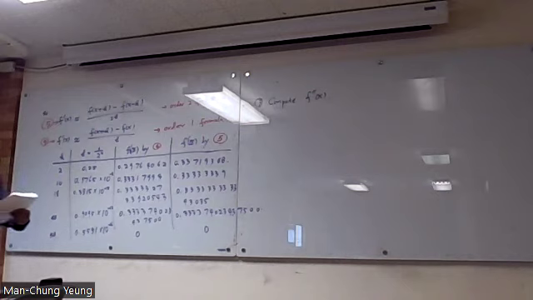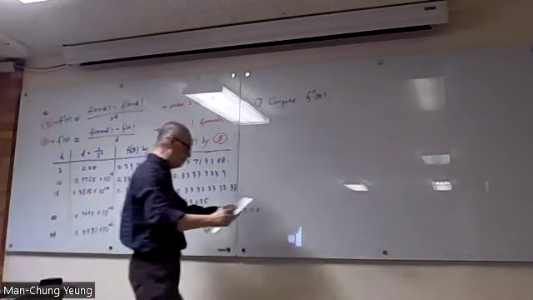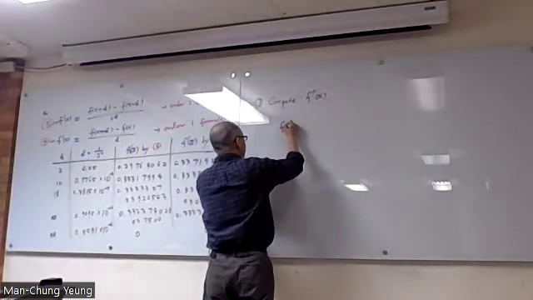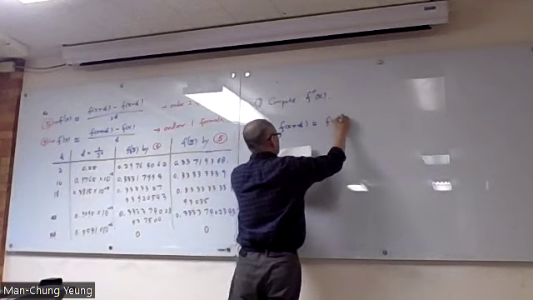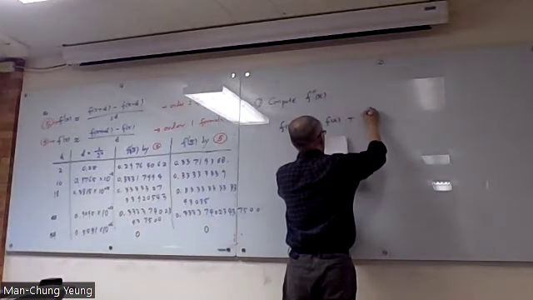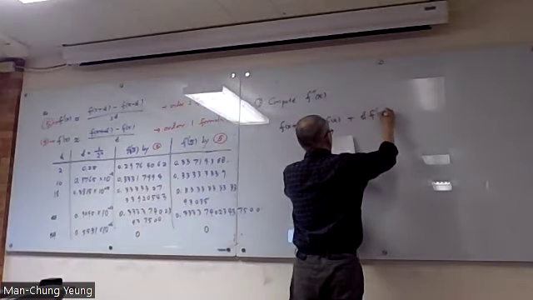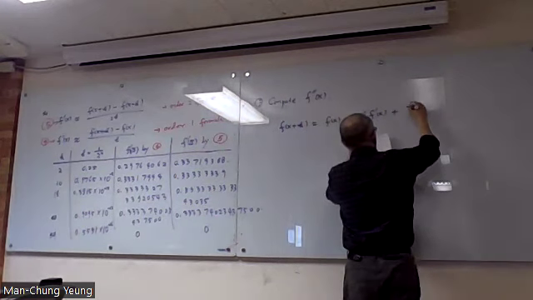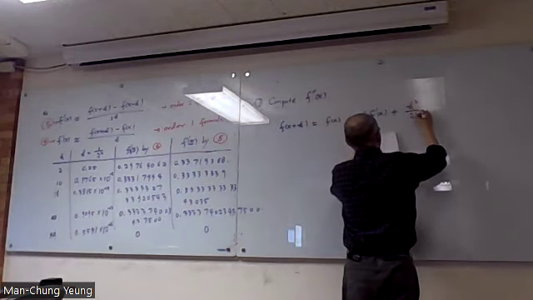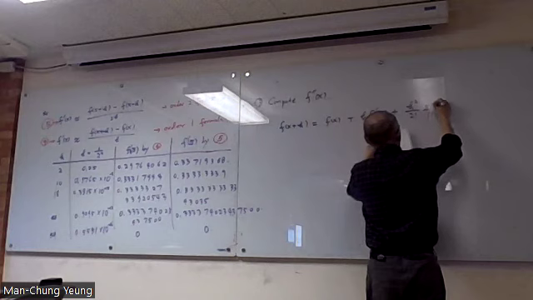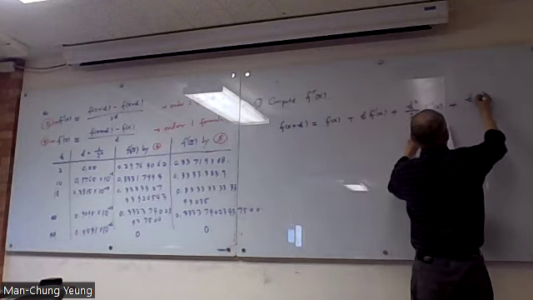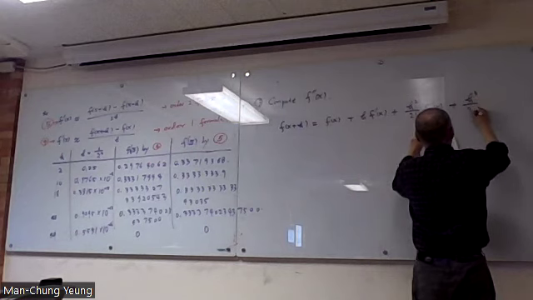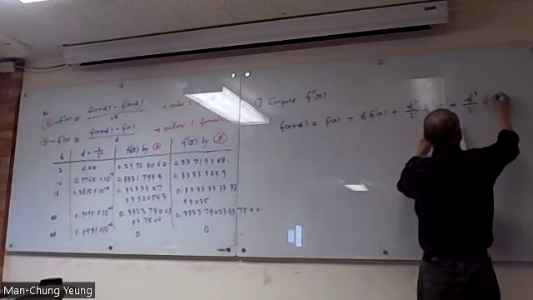Here, expand f of x plus h: f of x plus h times the first derivative, plus h squared over 2 factorial times the second derivative, then plus h to the third over 3 factorial.